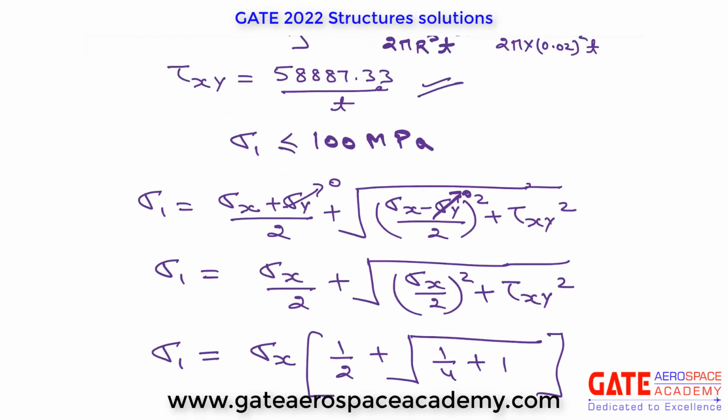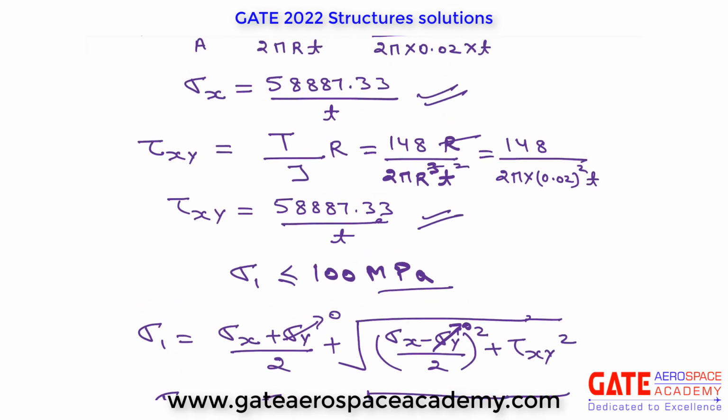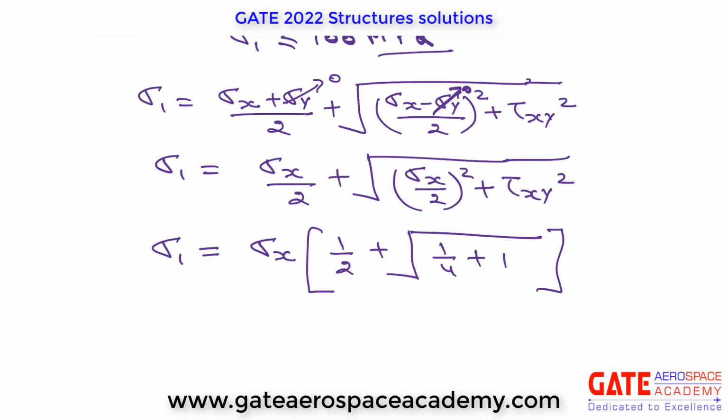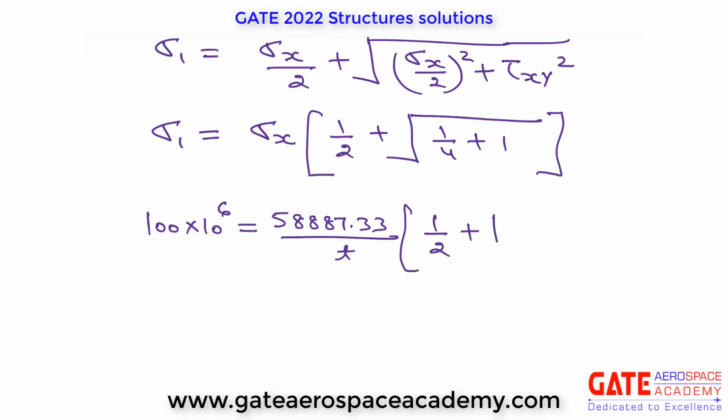So let's substitute sigma x value and sigma 1 as 100 MPa. Sigma x is 58887.33 upon T. So 100 into 10 raised to power 6 is equal to 58887.33 upon T times (half plus under root 5 by 4), right?